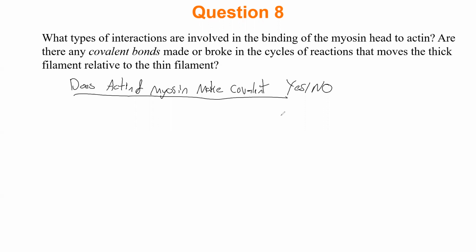Based on what we've talked about so far, are actin and myosin making any covalent bonds between each other? Just a simple yes or no. That's all I'm looking for here.